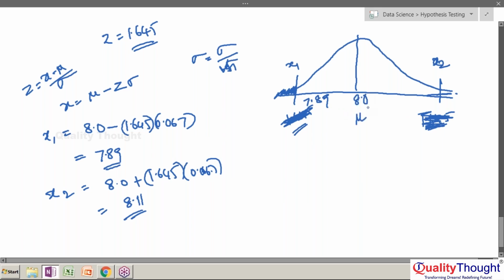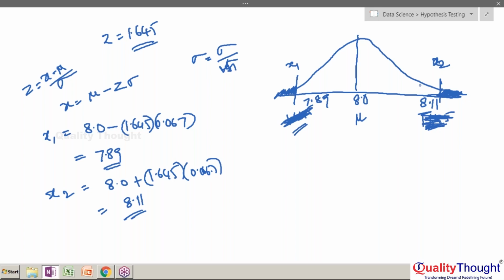And we have one more value, 8.11. So we should get two different rejection regions. If you take a look at this, we can state the decision: when we take a sample of size 5 and calculate the sample mean, it is either 7.89 or 8.11 grams.